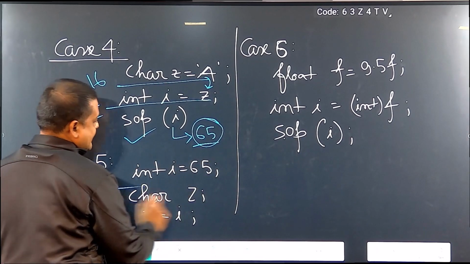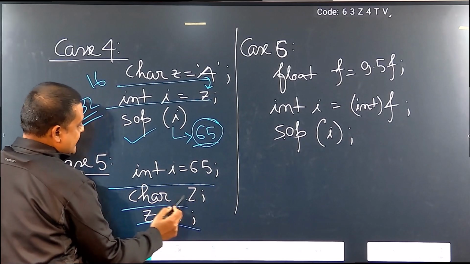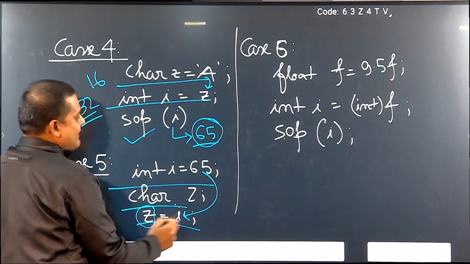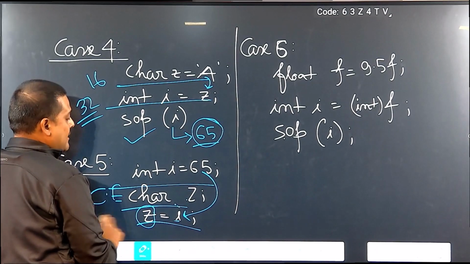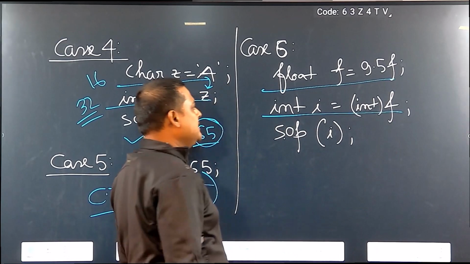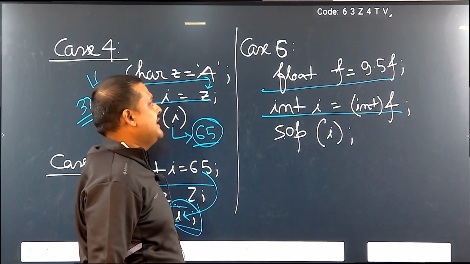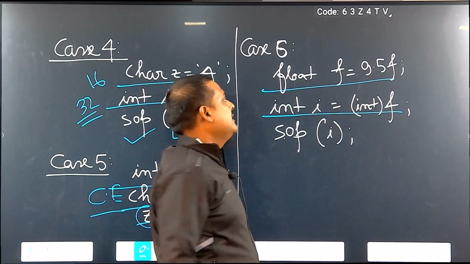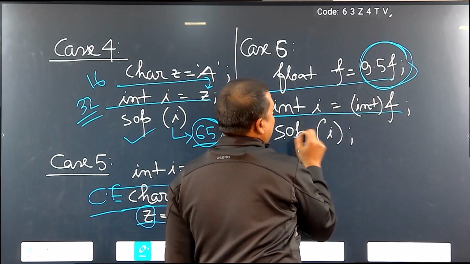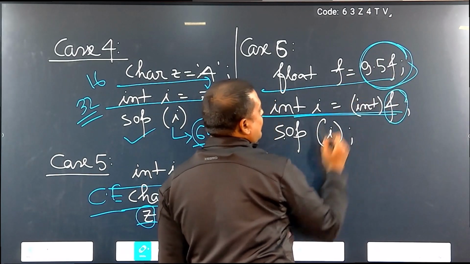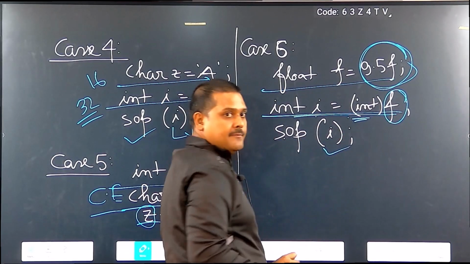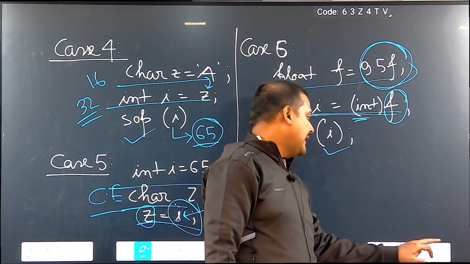But in this case, z is a character and we are trying to store an integer value in it, so this will raise a compilation error. We need to typecast. In the case of a floating point type like 9.5, if we want to store a float inside an int, then we always have to typecast it, otherwise it will be an error.